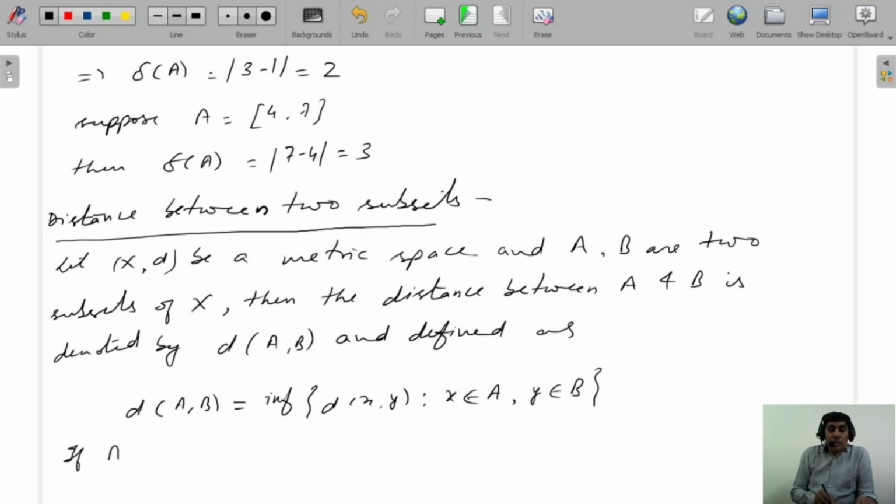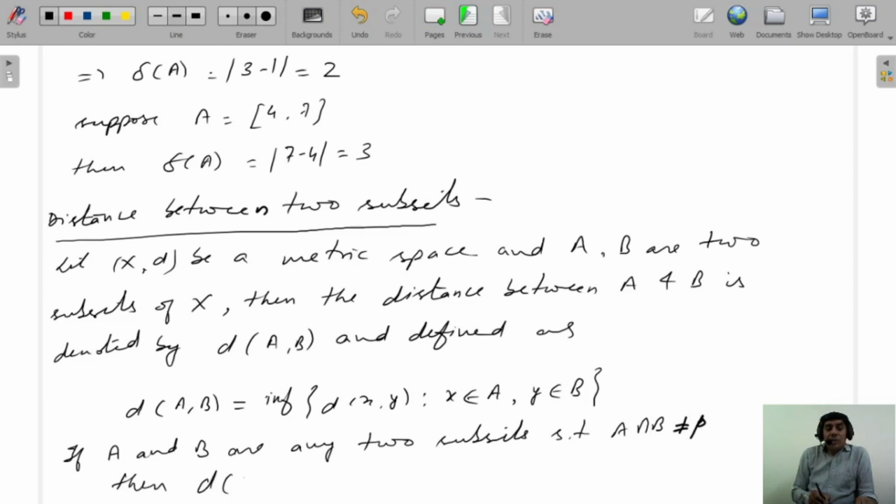If A and B are any two subsets such that A intersection B does not equal to phi, then distance between A and B is equal to 0.